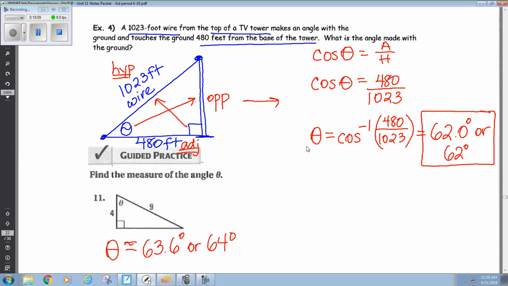But that completes this first half of the notes for section 13.4, which is finding missing angles as it relates to a right triangle. On Monday, we'll continue with the rest of this section by looking at how we solve and find angles outside of right triangle trig.